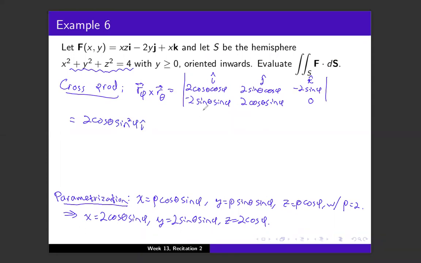In the j direction, we're going to get plus, I said 2, but actually I meant 4, plus 4 sine theta sine squared phi in the j direction, plus, and I'm going to skip a little bit, but this is going to become 4 cosine phi sine phi.